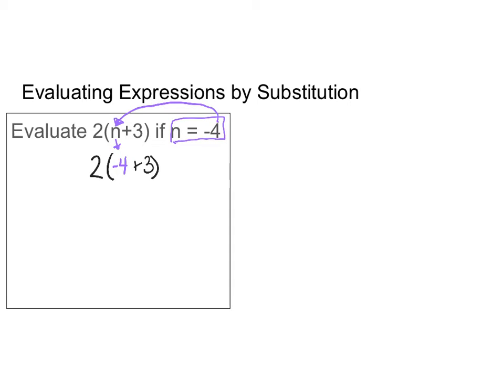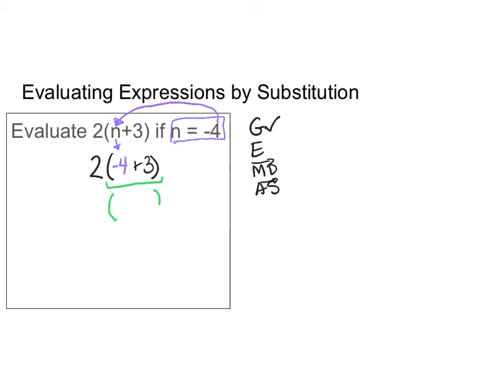Now I just have to use my GEMDAS. I like to write it like this, and you might have remembered this, right? Is there any grouping? Yes. So we're going to do the grouping first. Inside the grouping here, I see -4 plus 3.